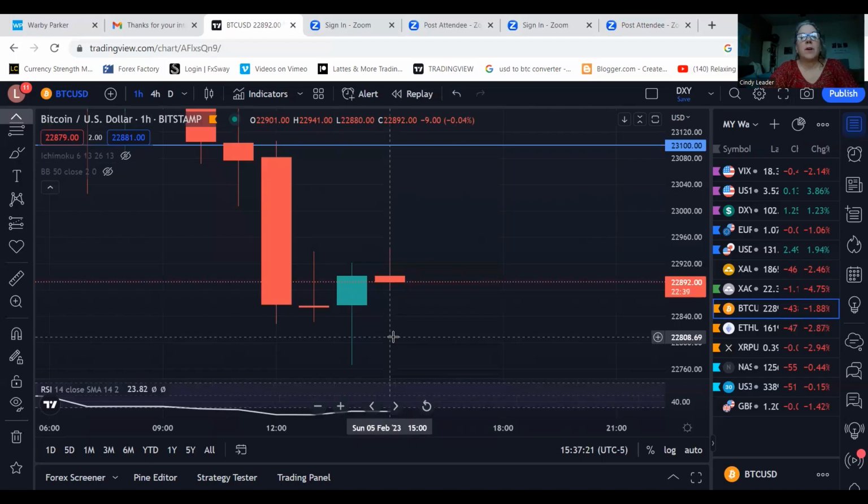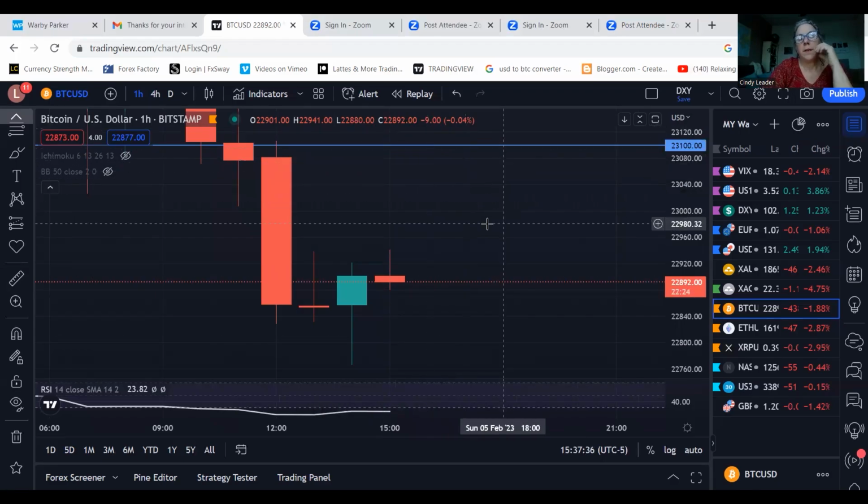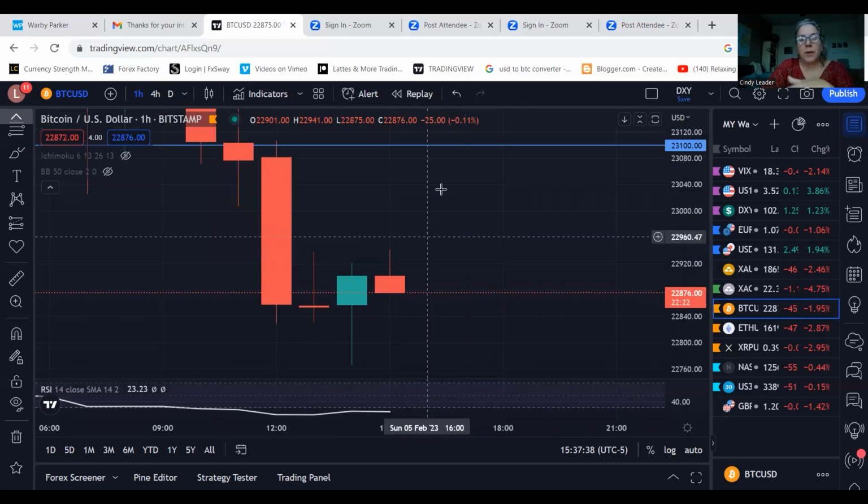So right now we don't have our closed number. I feel like that would be the one that is moving. Right now it's down 9 from, oh, look at that. I've never done it live, so I can come over here and not be on the candle, and now it's down 25.